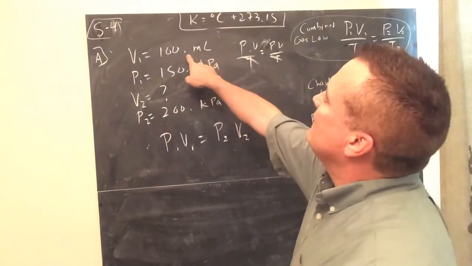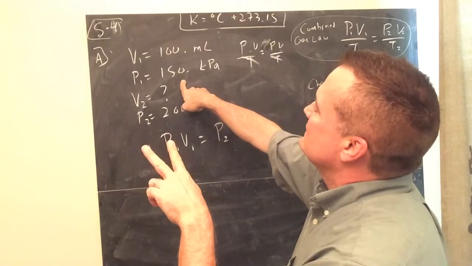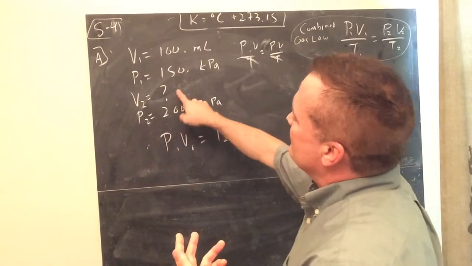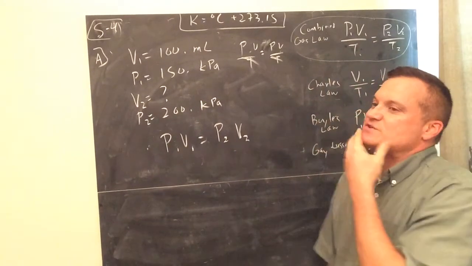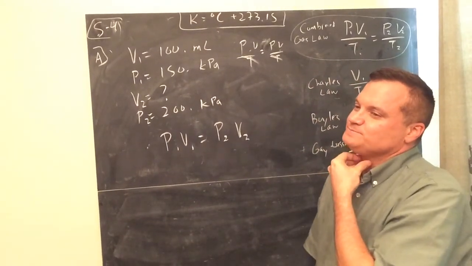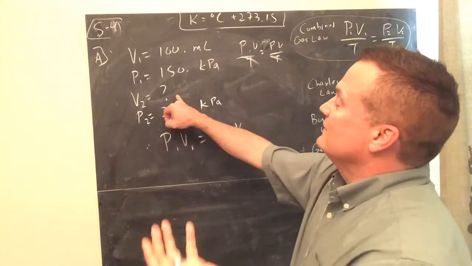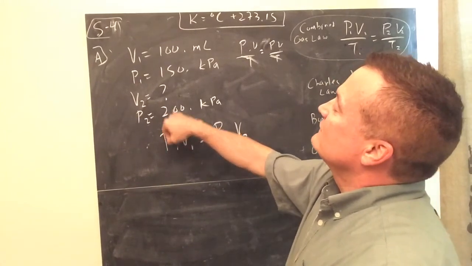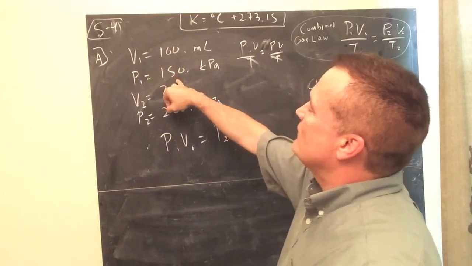It was 100 milliliters at 150 kilopascal. That was grouped. What would be the volume at 200 kilopascals? You could have changed the question and said the original volume was unknown, but we know the pressure was 200, and we know later the volume was 100, and we measured the pressure at 150.